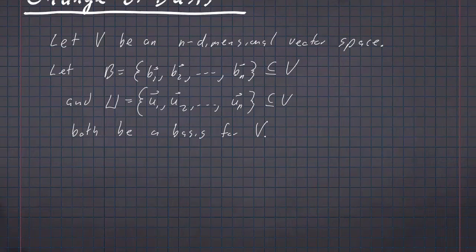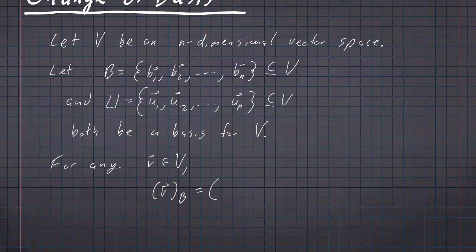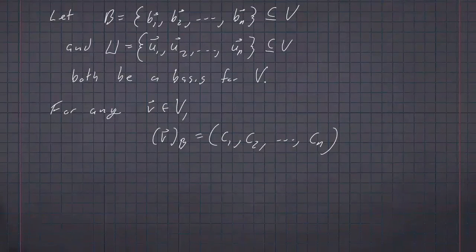We know that a basis allows us, for any vector in the vector space, to write that vector represented relative to basis B with an ordered n-tuple, C1 through to Cn.